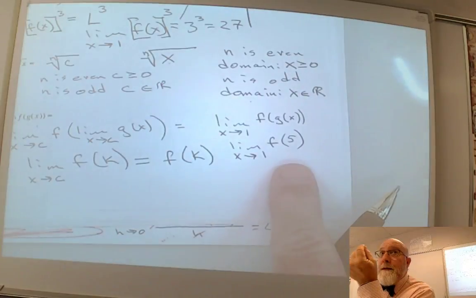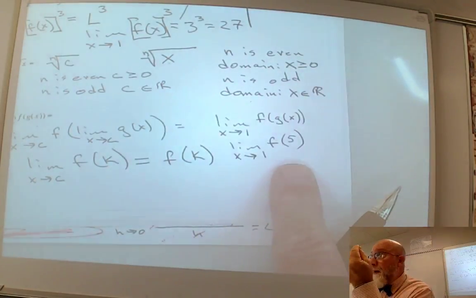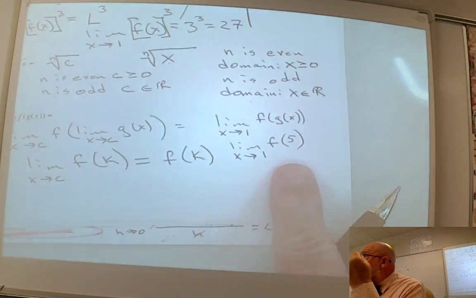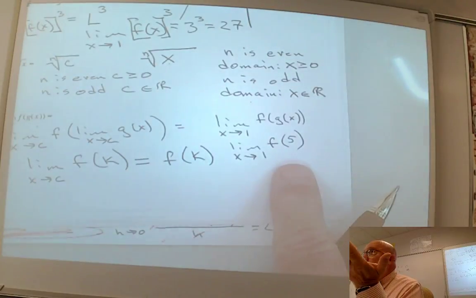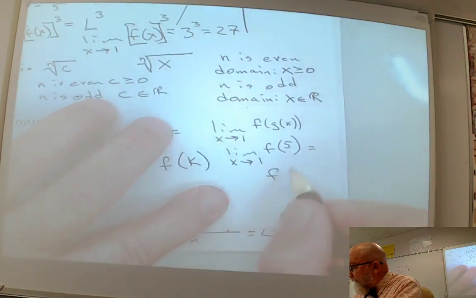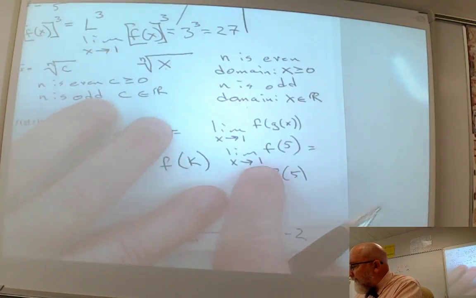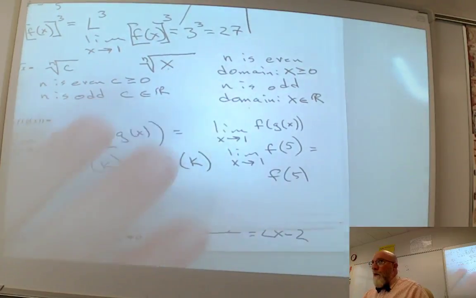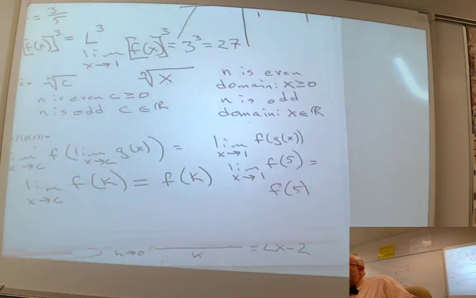No, because it can only be one y because it's a function, correct? It can't be any other y than the one it gets from the number 5, right? Now, do I know what that number is? I have no clue. So it's always going to stay f of 5 because 5 can only give me one y. Does that make sense?